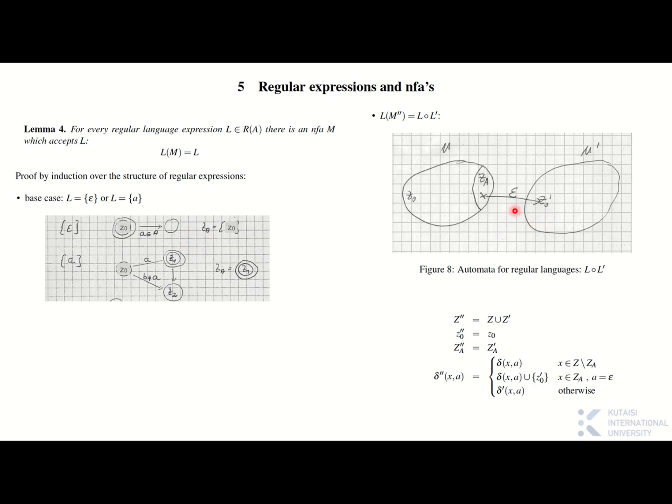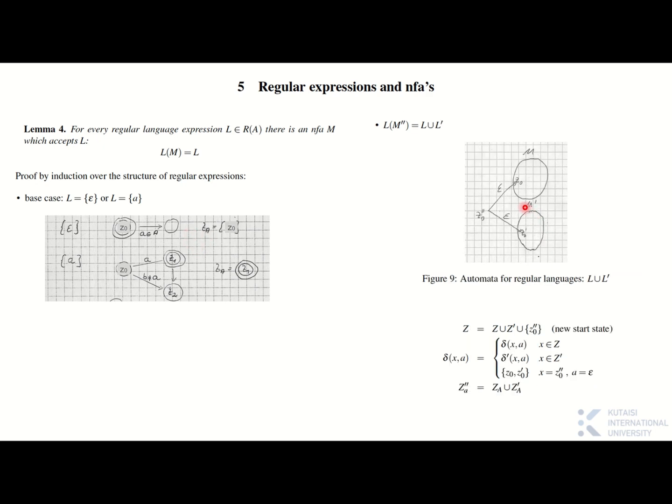So we have letters, we have concatenations. We also talked about the union. If you have a machine that accepts L and a machine that accepts L prime, you build a new machine that accepts the union exactly. How do you do this? You add a new start state and two epsilon moves. Now this machine, if you start here, either goes here or goes here, and there will be an accepting computation if and only if one of the machines accepted, which is exactly the union.